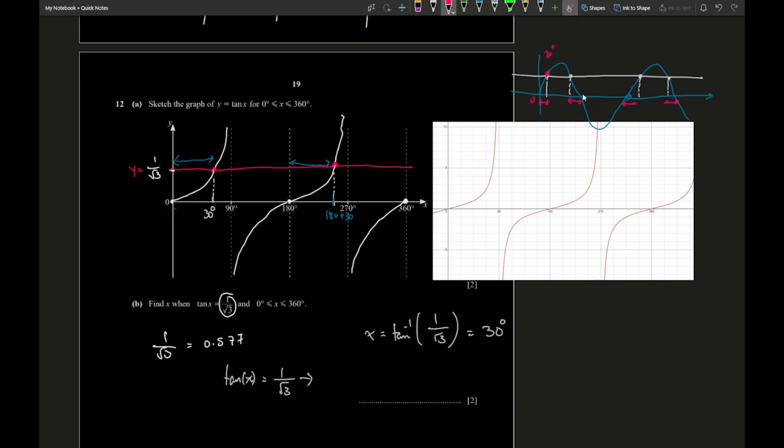Here you have 0, here you have 180, here is 360. And we want to find the value of x at this point and at this point.